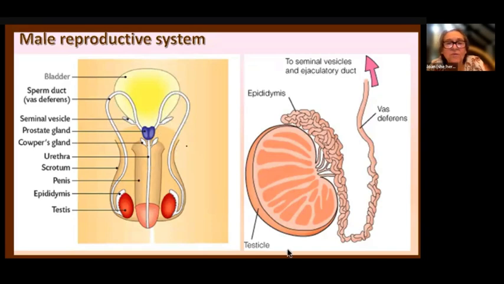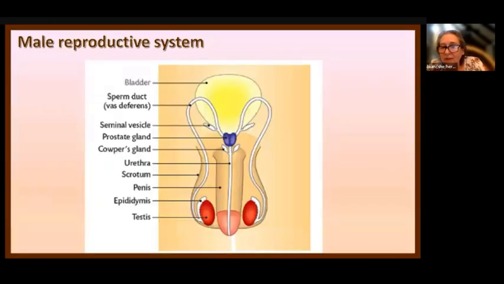This tube is called the vas deferens right here. And again, it will then be ejaculated. Yeah, this coiled tube here is actually where the sperm matures. And just so you know.